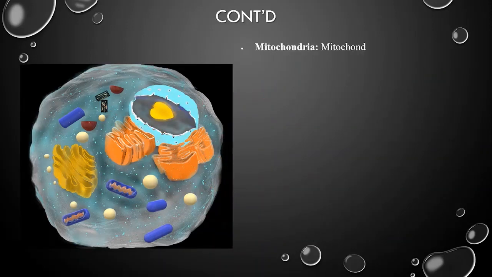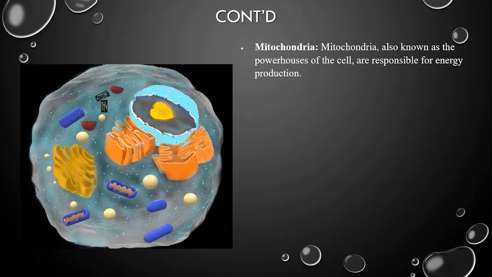Next, mitochondria. Mitochondria is also known as the powerhouse of the cell. So you can see all this structure here. This is responsible for the production of energy. It is a membrane-bound cell organelle that generates most of the chemical energy needed to power the cell's biochemical reactions.